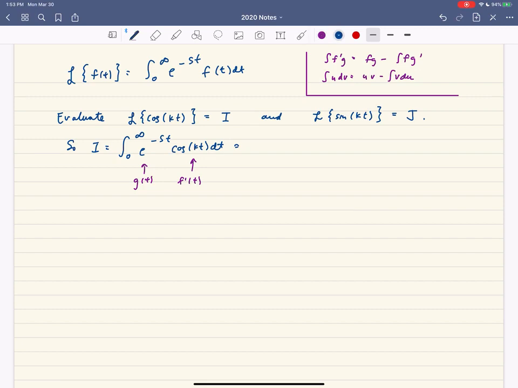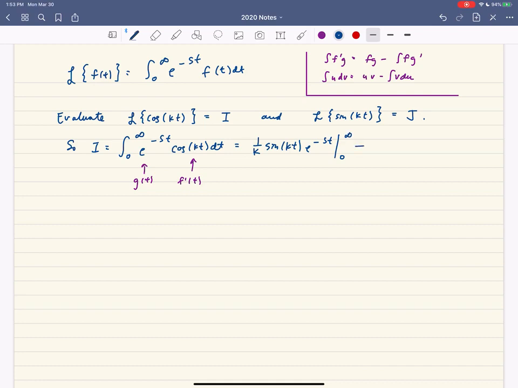Anyways, if we set this up, our integral is going to be equal to, let's see, we're going to integrate cosine of kt. So that means we're going to end up with 1 over k sine of kt e to the minus st as t goes from 0 to infinity.